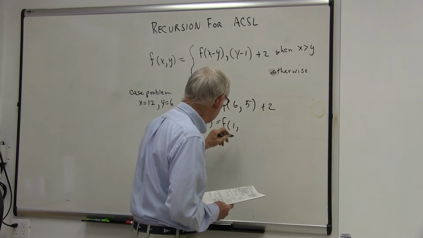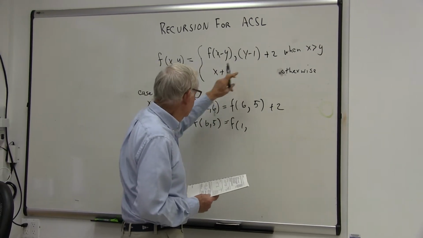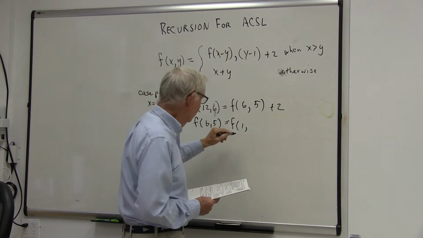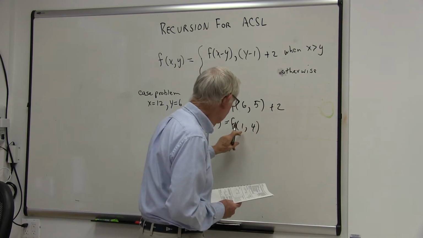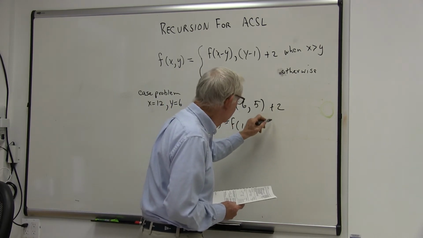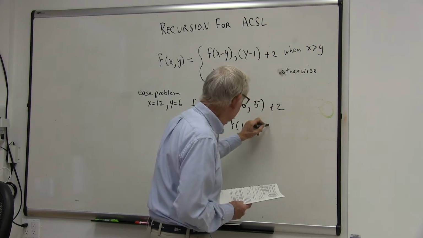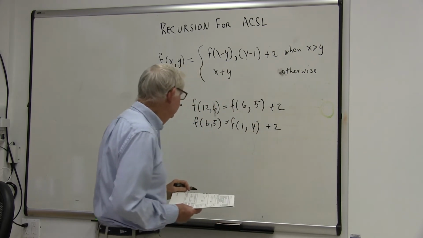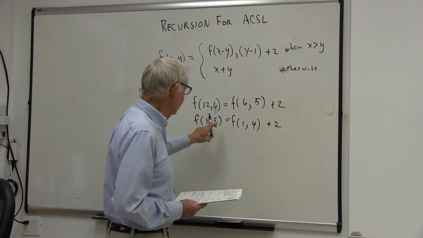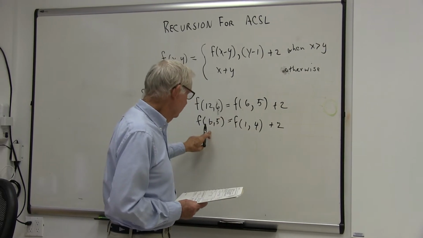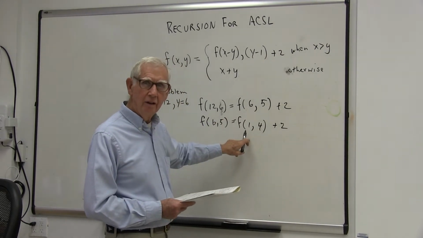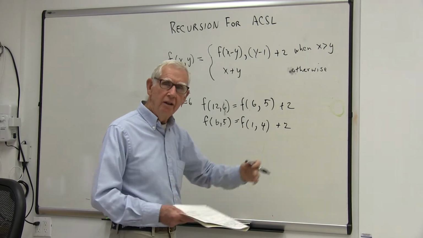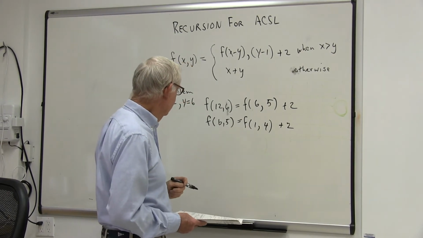So the function of 1, y minus 1, so 5 minus 1 is 4. So the new function is 1, 4. And we also have to remember to add 2 to that. So if I can solve this one, I can solve this one. But I can't solve this one until I can solve this one. So you can see how they sort of chain into each other.